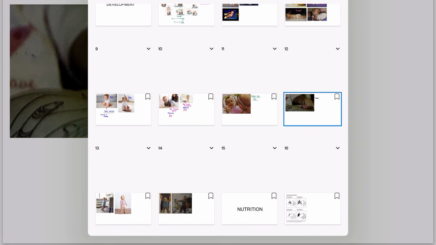If other fingers are used, this is immature pincer grasp. So firstly comes the immature pincer grasp. This comes at 9 months of age. And the mature pincer grasp comes by 12 months of age.